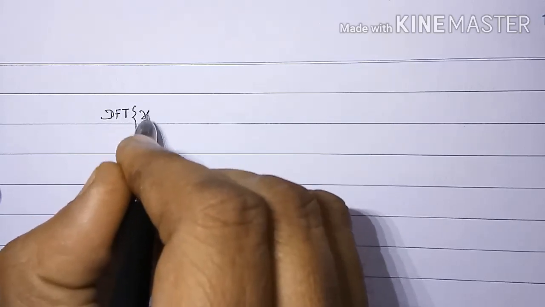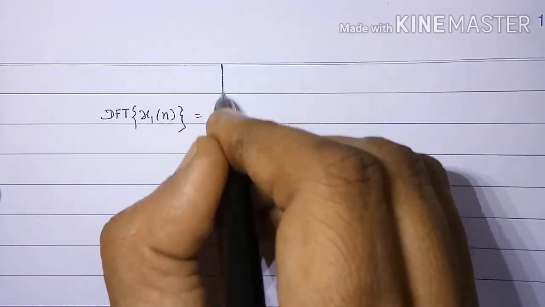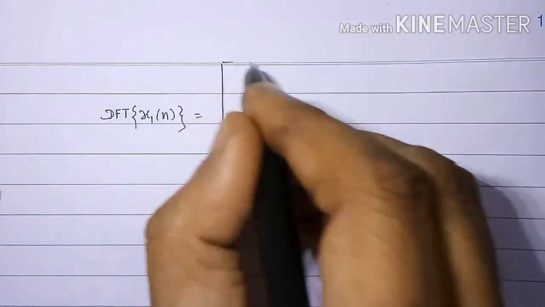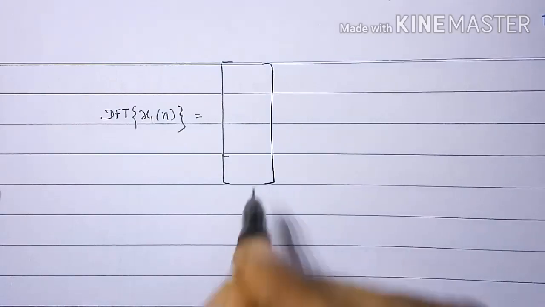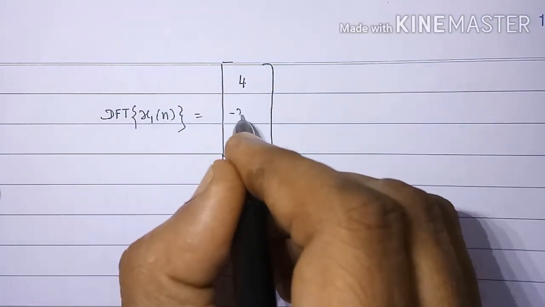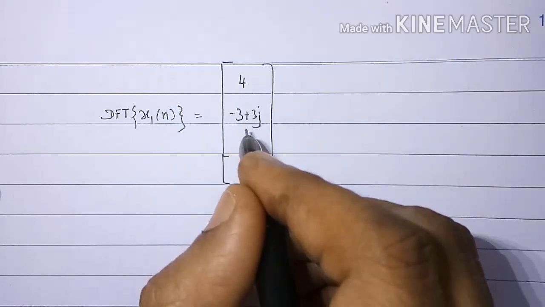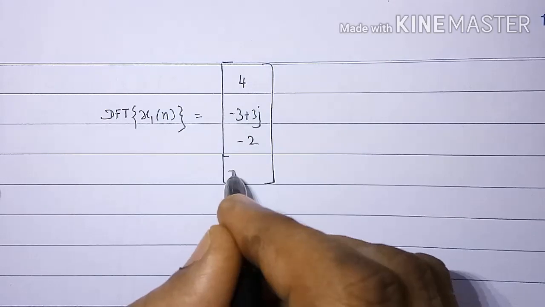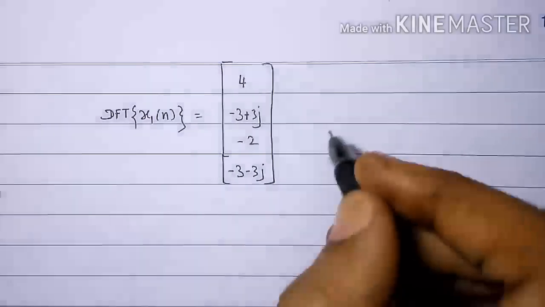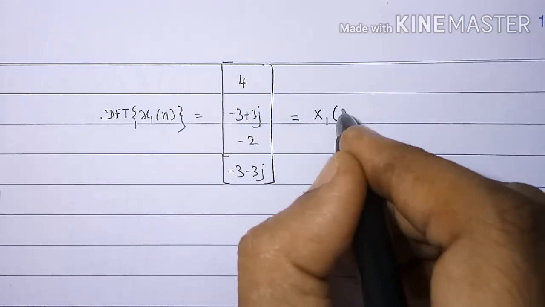DFT of x1 of n is equal to 4, minus 3 plus 3j, minus 2, minus 3 minus 3j. Let us call this as x1 of k.